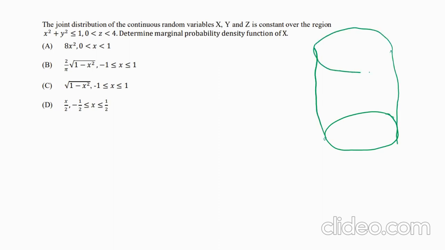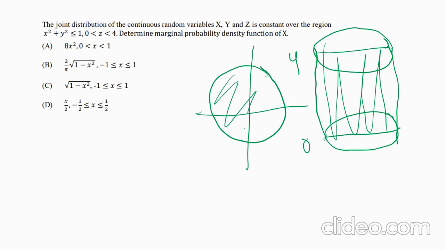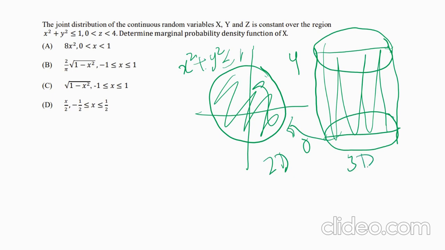Now the next question we have here is that the joint distribution of continuous random variable x comma y comma z is constant over the region x squared plus y squared is less than or equal to 1, where z is from 0 to 4.